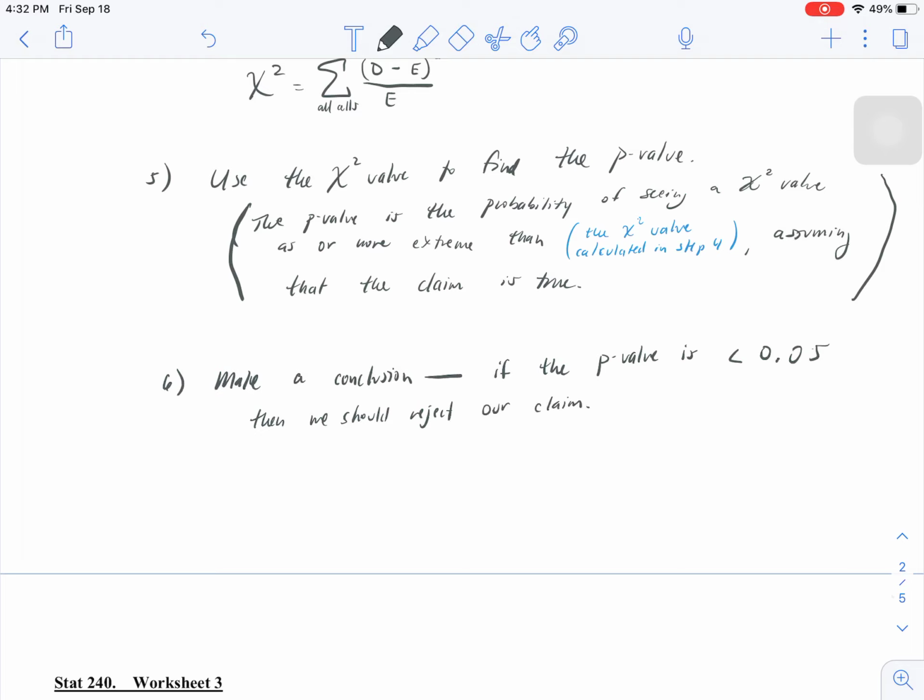In other words, we should conclude that there is a relationship between our two variables. And so conversely, if the p-value is not small, if it's greater than or equal to 0.05, we should fail to reject our original claim and conclude that there is no relationship after all.